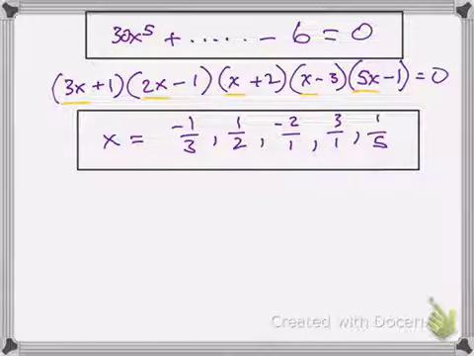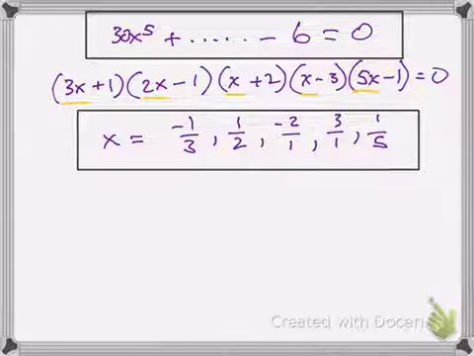These denominators multiply to equal what would we call 30? Coefficient. Which coefficient is it? The leading coefficient. It's the leading coefficient because the polynomial is in standard form. The leading coefficient is the coefficient of your highest degree term, your fifth degree term in this case. So all of my denominators are factors of 30.